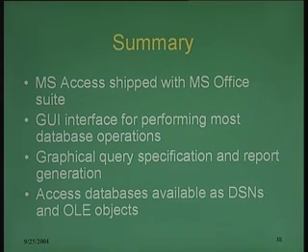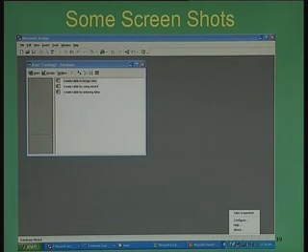So let us have a look at some screenshots that show what working with MS Access typically looks like. When you start a database, this is what you get. You can specify your database design using different views.